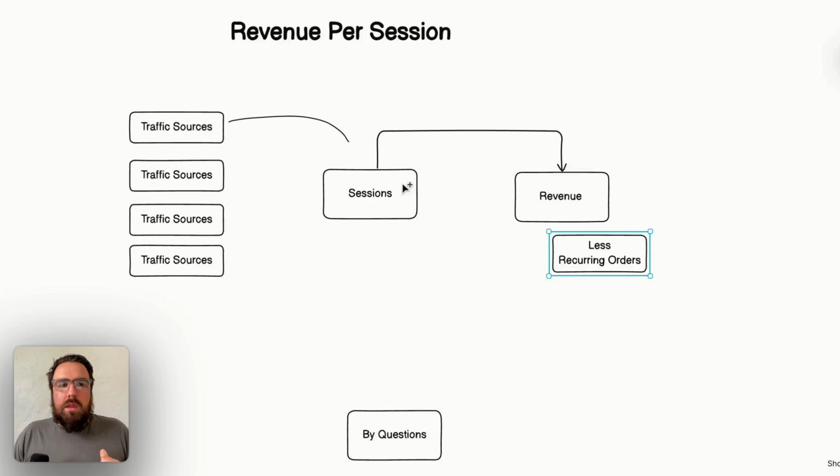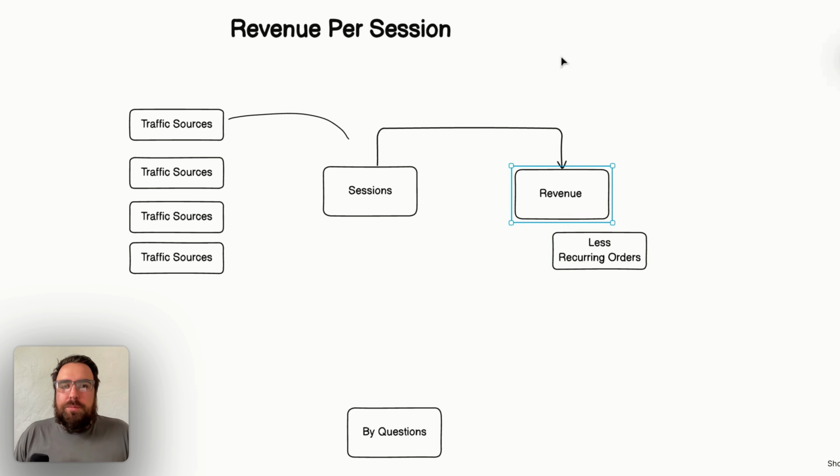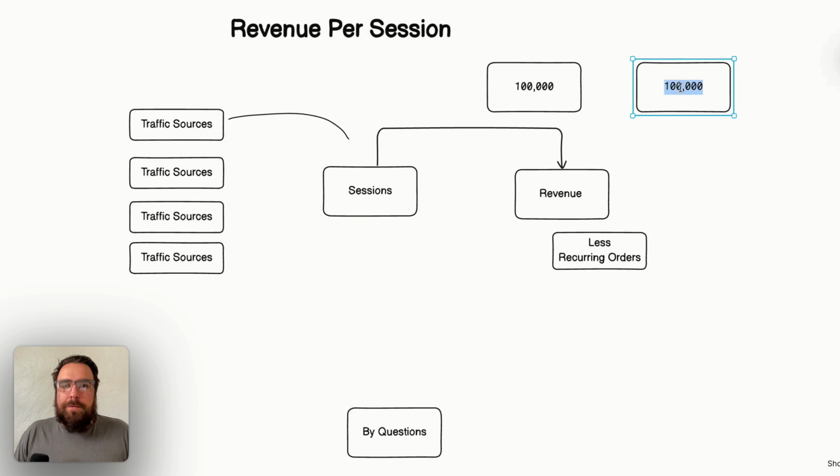So once we have this revenue per session, we're going to start at a high level. And let me just put some numbers on the page so that we can have something here. Let's just say we had revenue of $100,000. And let's just say we had sessions of, let's just go with 10,000 sessions.